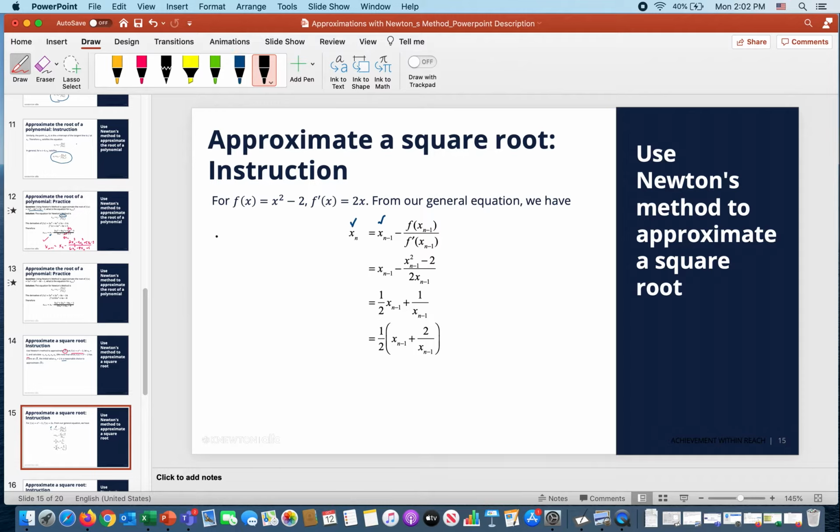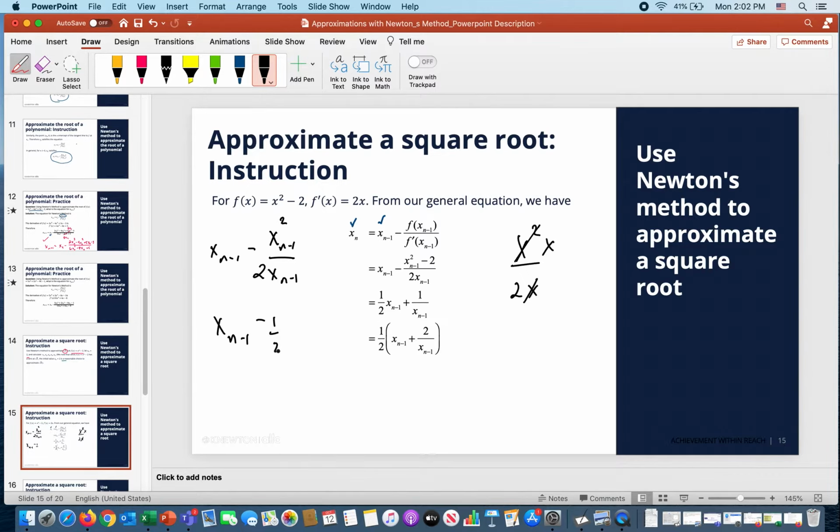So we have x sub n minus 1 minus x squared sub n minus 1 minus 2 over 2x sub n minus 1. This is like saying x squared over 2x. So basically, if I had this, those x's would cancel and I'd be left with an x up top.